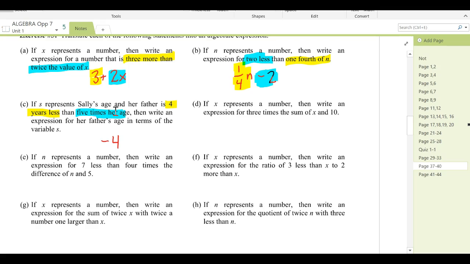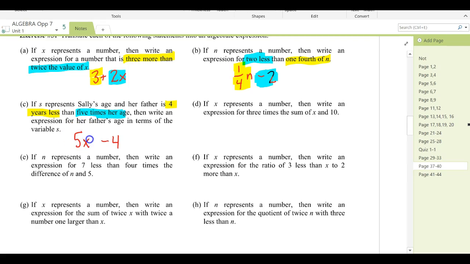So if you were, how old are you? 17. So if I did 5 times your age, would it be 5 plus 17? 5 times means multiply. This is actually one of those ones that kind of makes sense.